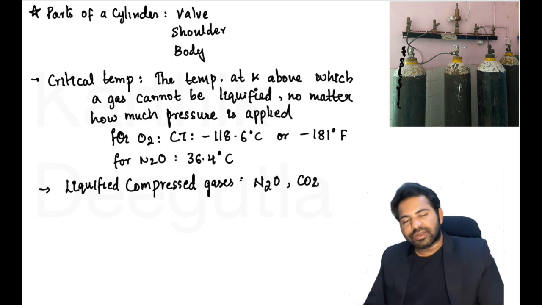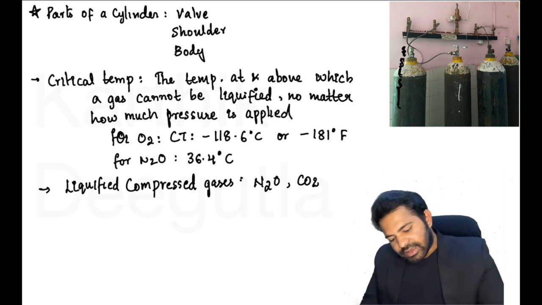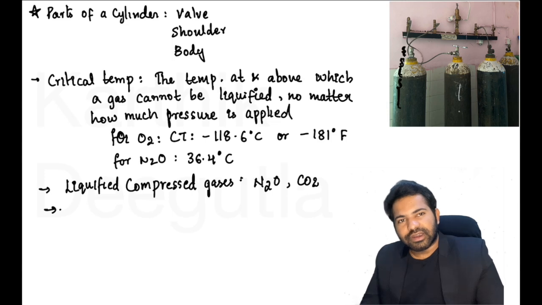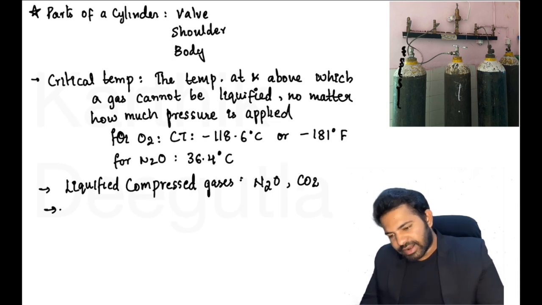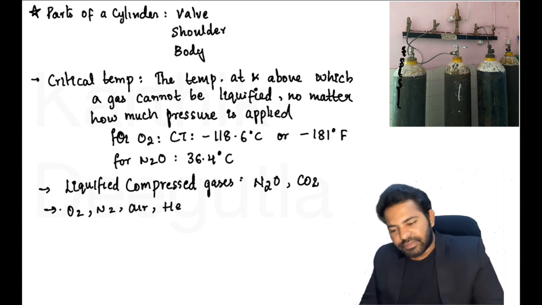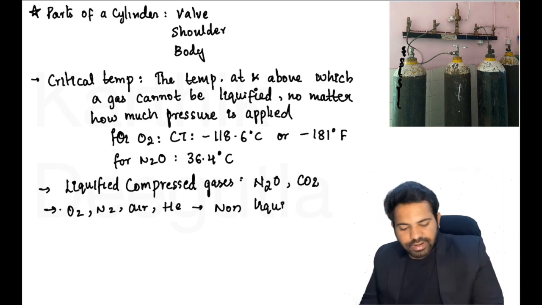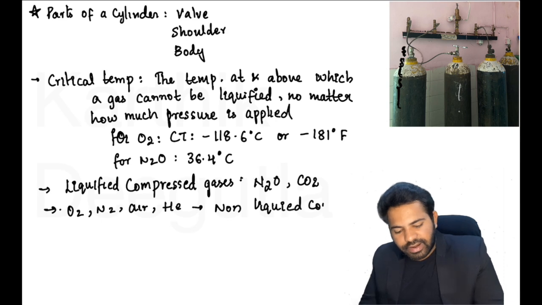Even carbon dioxide is stored as a liquid in the cylinder. Then what are the gases which are non-liquefied? Oxygen, nitrogen, air, and helium. All these are non-liquefied compressed gases.